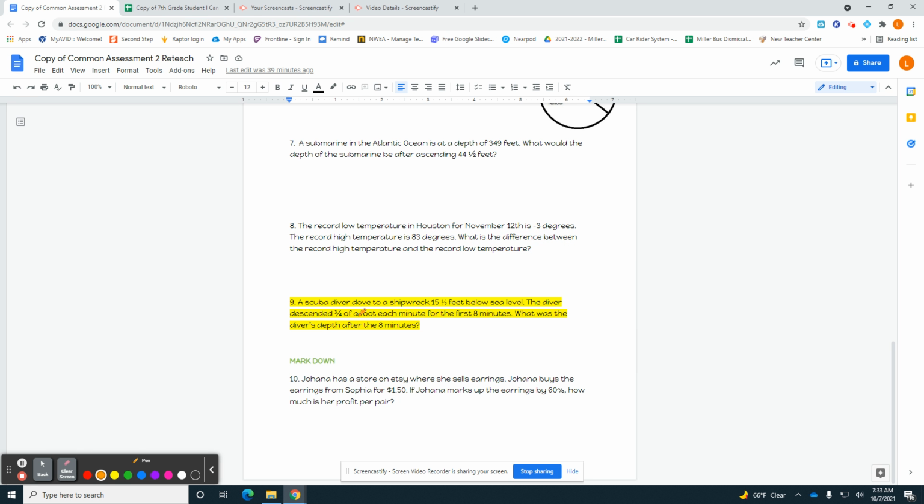All right. So number 9, it says a scuba diver dove to a shipwreck 15.5 feet below sea level. The diver descended 3/4 of a foot each minute for the first 8 minutes.